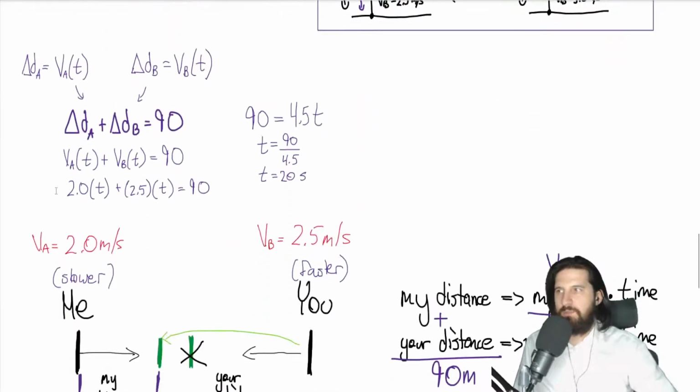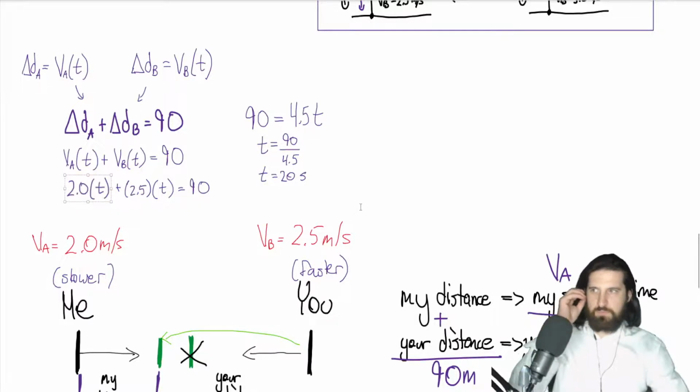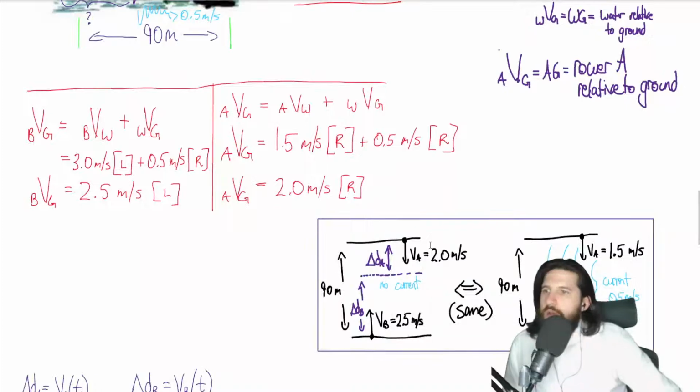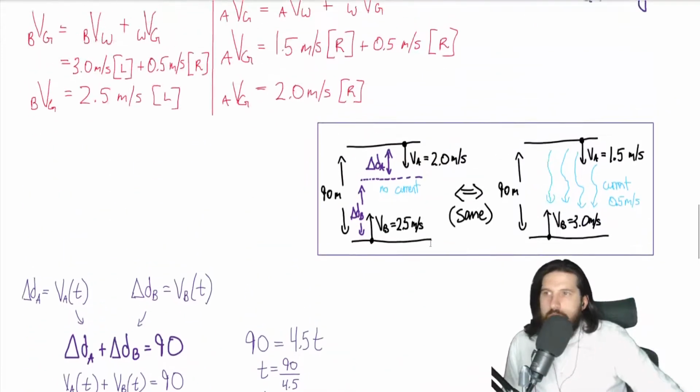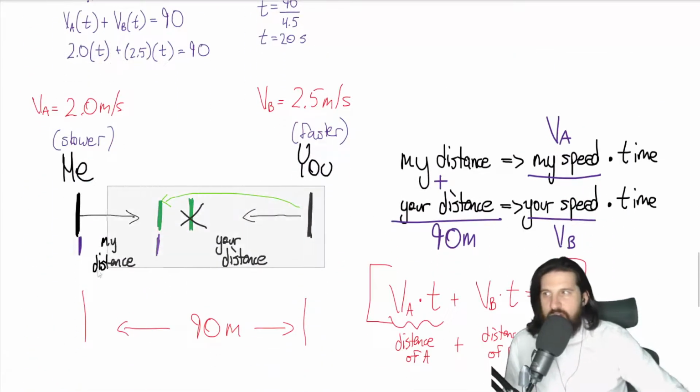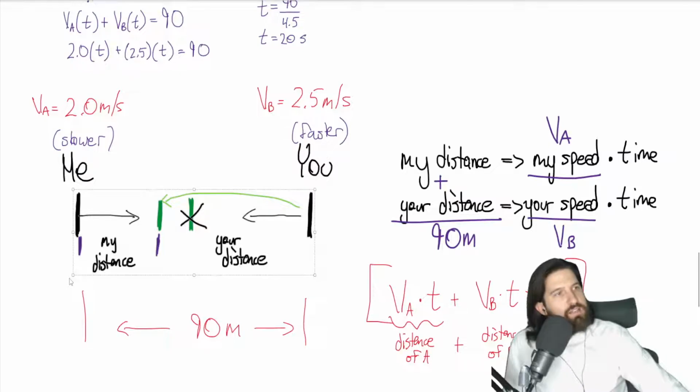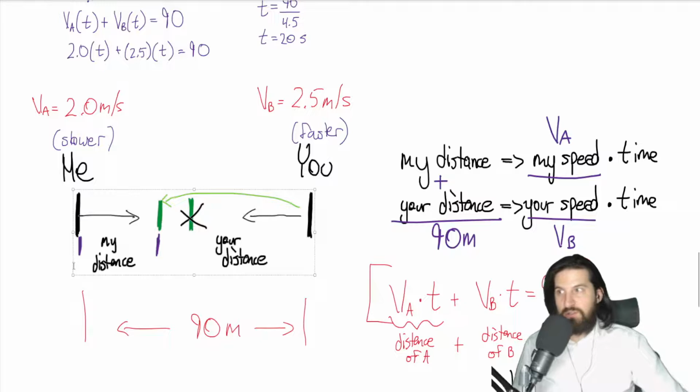Exactly. So we multiply it by 20. So it's 40 meters. Is that consistent with what you thought, that it was going to be a little bit less than 45? Yeah. Beautiful. So that's important.